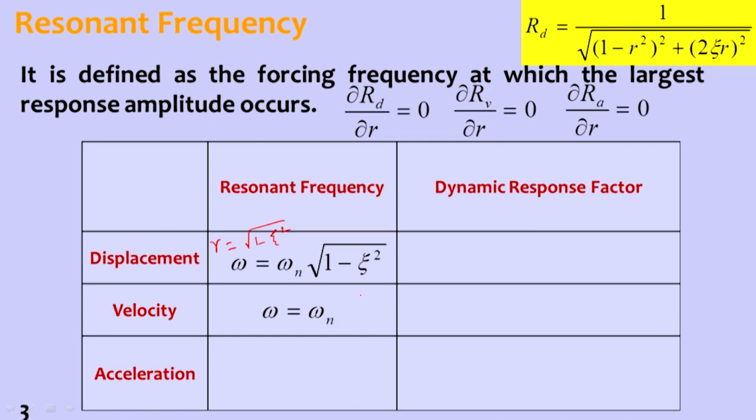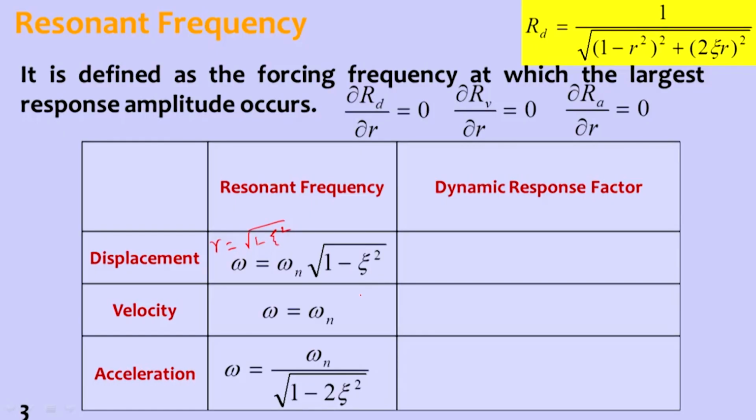As you can see, for the third one, dRA by dR, if we equate the first derivative of the RA function to 0, what relation do we get?